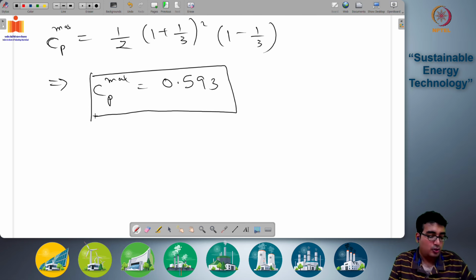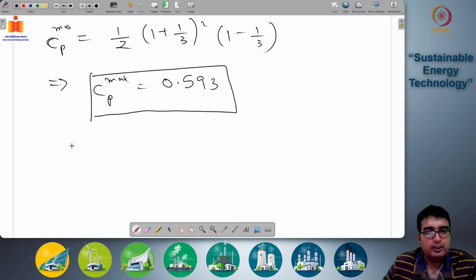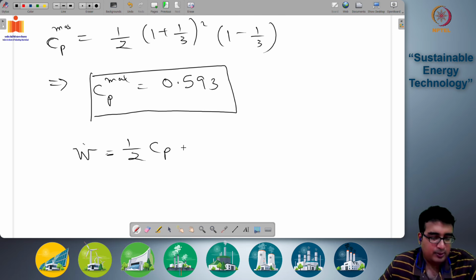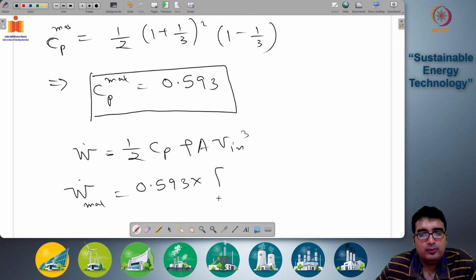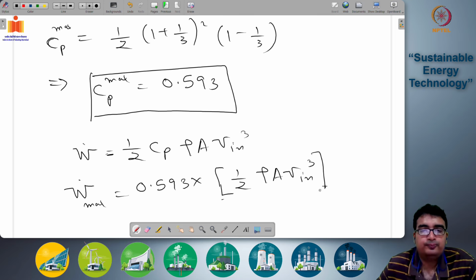Okay. So in this expression, W dot equals half Cp rho A V in cubed, we get W dot max equals 0.593 into half rho A V in whole cubed.